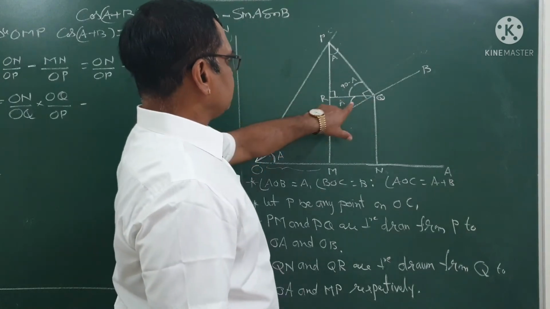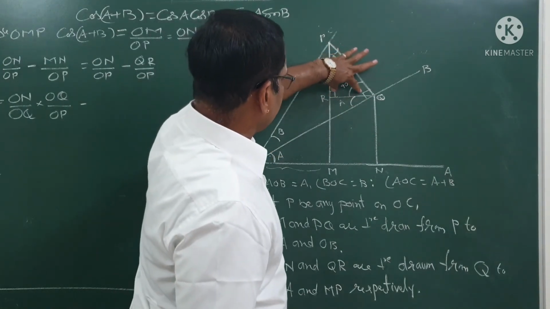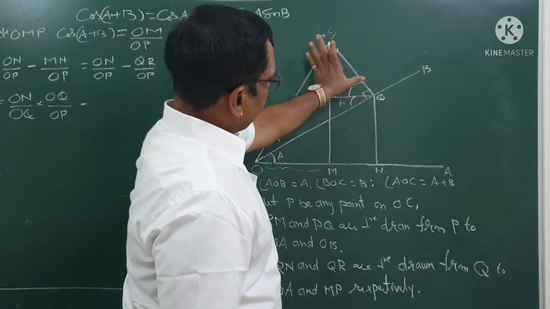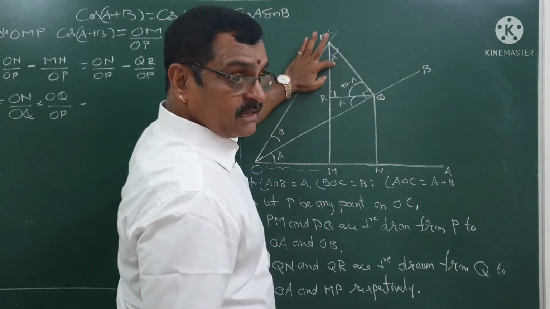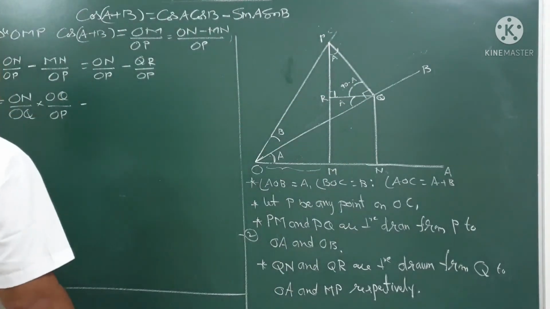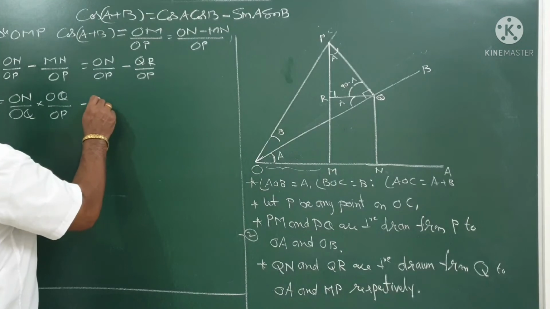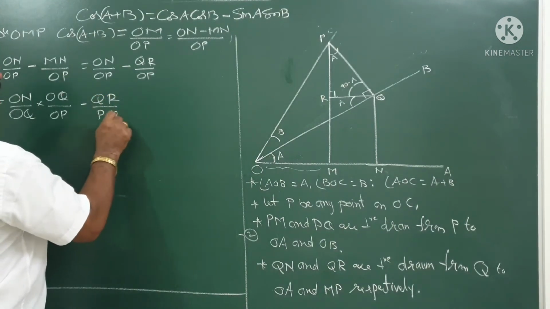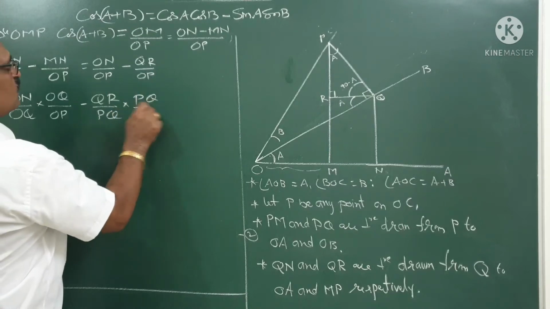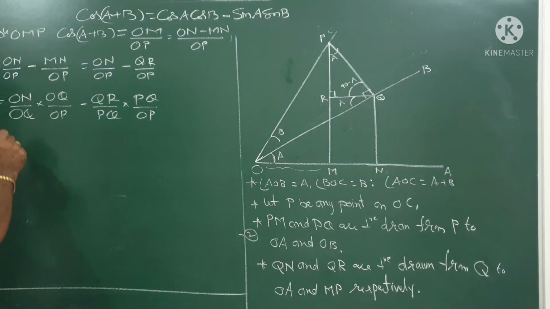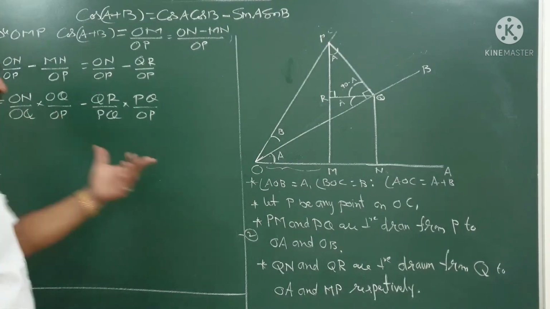If I have QR by PQ, I can write sin A. So I multiply and divide by PQ: QR by PQ times PQ by OP. Operations are same. Now, very simple.